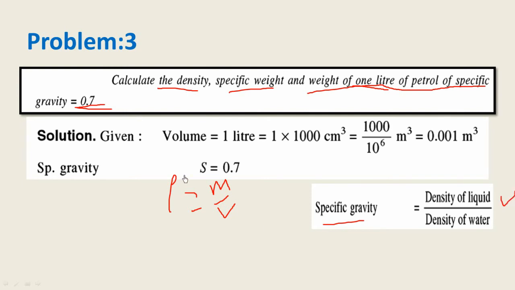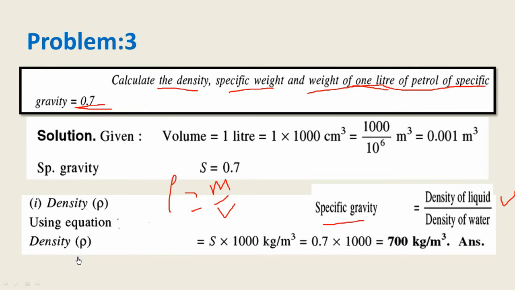Substituting, we get density of the petrol equal to specific gravity into 1000, so we get 700 kg per meter cube. From this we know that the density of the petrol is 700 kg per meter cube, which is smaller compared to water. Water has a density of 1000 kg per meter cube, and that's why the petrol floats on water.